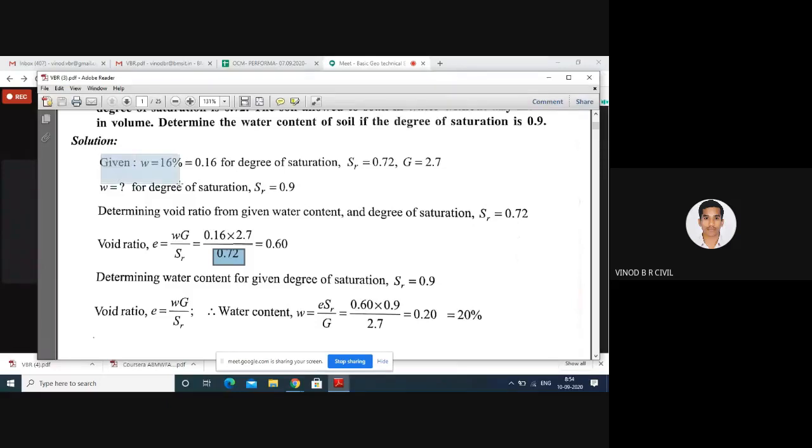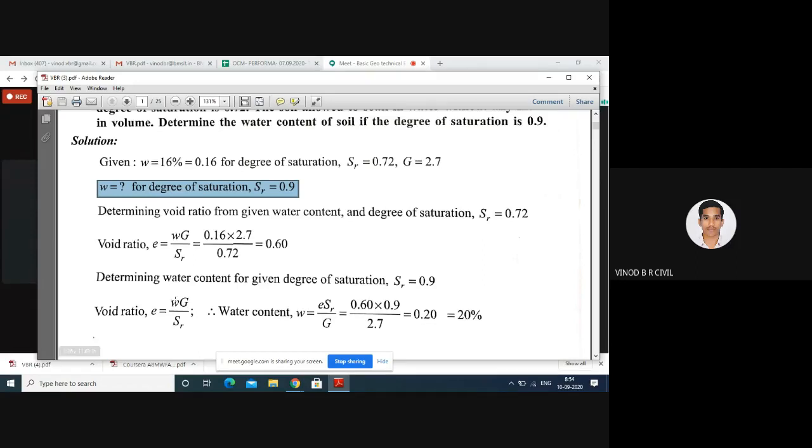For the first condition, we calculated the void ratio. Now we have to calculate the water content for the second condition. Void ratio, small e, equals W into G divided by SR, where W means water content, G is the specific gravity, and SR means degree of saturation.